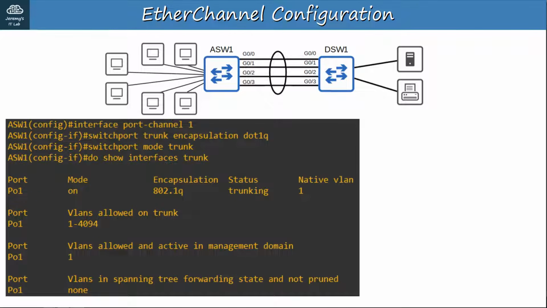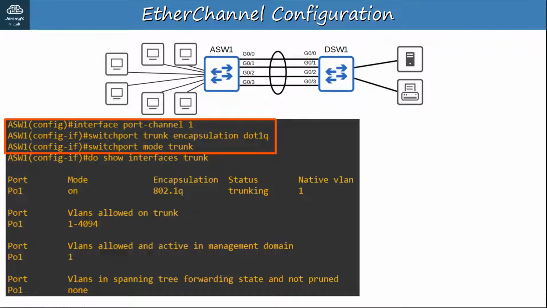So after configuring the EtherChannel in whatever mode, PAgP, LACP, or static, you can then configure the port channel interface itself. Note that I'm just using the LACP example here, since all of this information is the same, regardless of which method you use. I also did the same configurations over on DSW1, so the EtherChannel is up and running.